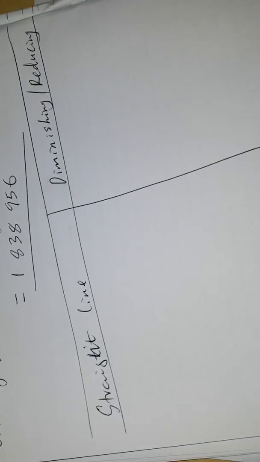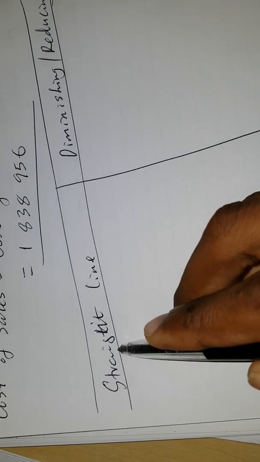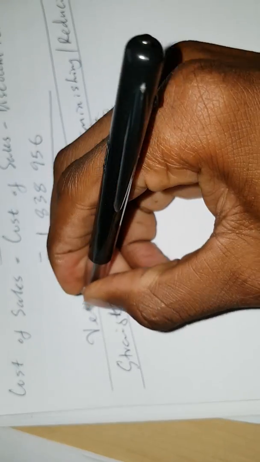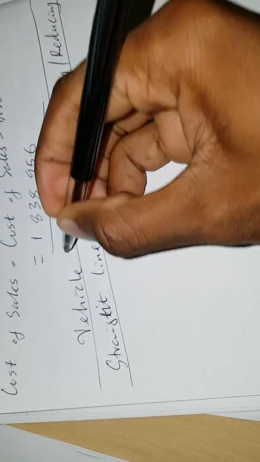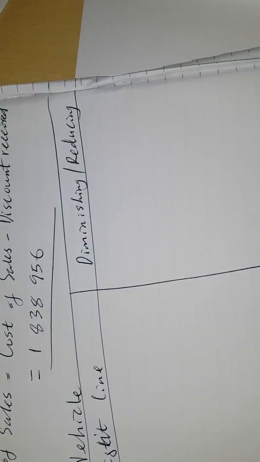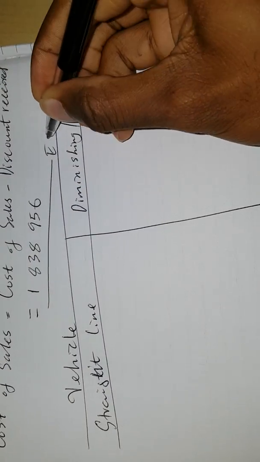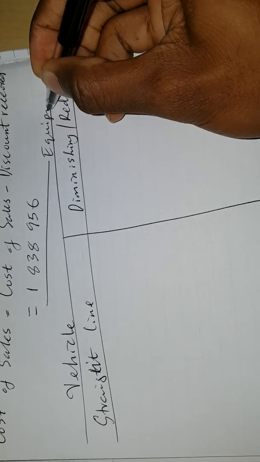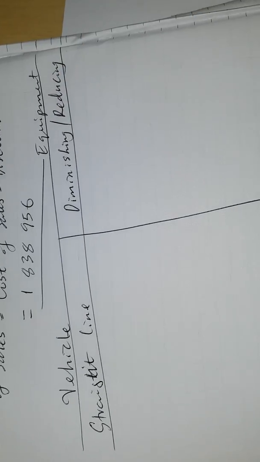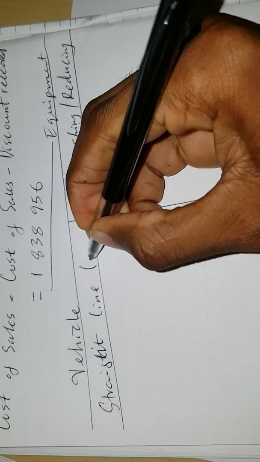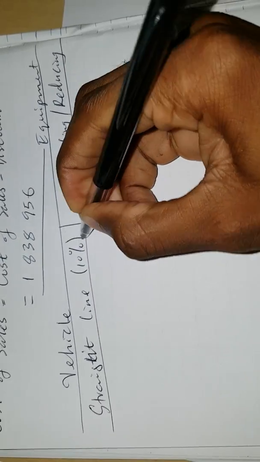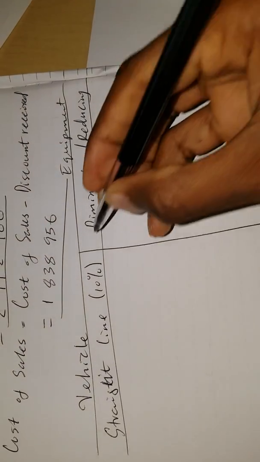So now the straight line is for the vehicles, and the diminishing is for the equipment. And then at what percentage? Straight line, they said is 10%, and then for reducing, they said is 20%.